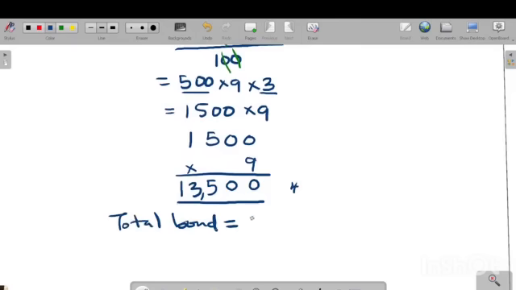is going to be equal to the principal, which is 50,000, plus interest.